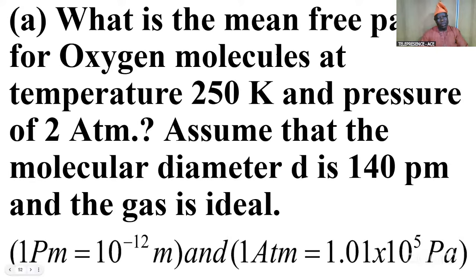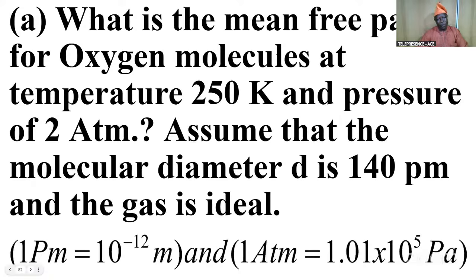So this question has been given to you now to try and see how it works. What is the mean free path for oxygen molecules at a temperature of 250 Kelvin and pressure of 2 atmospheres? Assume that the molecular diameter is as given, and you also assume that the gas is ideal.